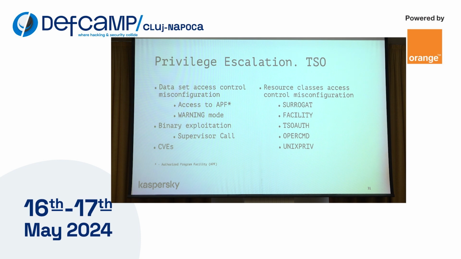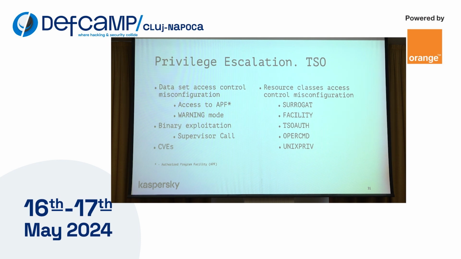The next subtype is warning mode. Warning mode is an interesting feature of the mainframe. This mode allows access to a dataset with the maximum access rights for any user in the mainframe.